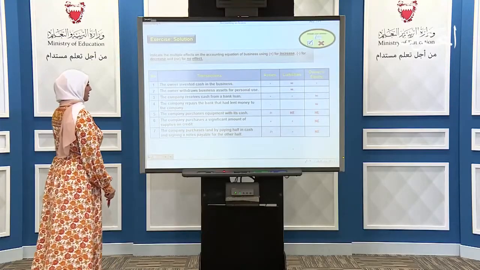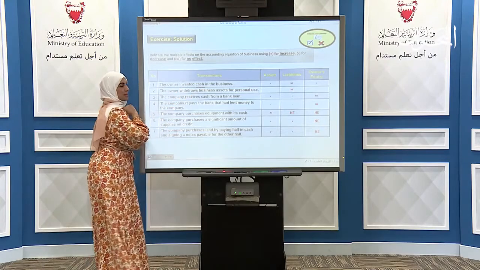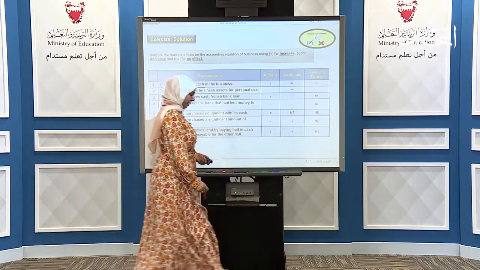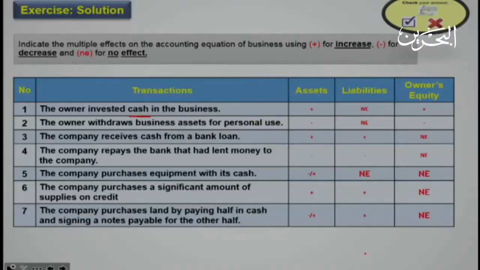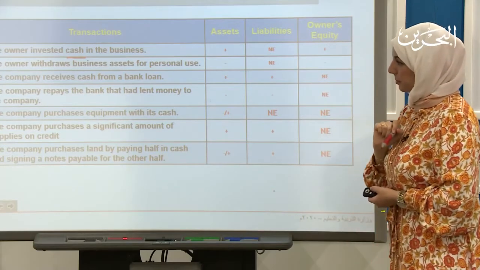For the first transaction, the owner invests cash in the business. Where will be the effect? If I invest directly, the owner equity will increase, and I invest in the cash, and the cash is a type of asset, so the assets will increase. There will be no effect in the liability section.